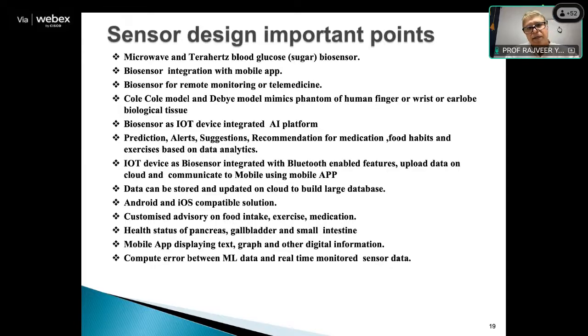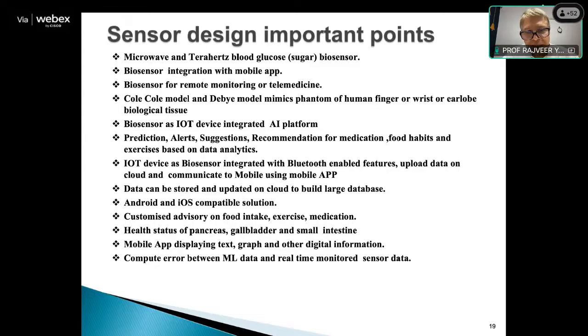Biosensor as an IoT device, integrated with AI platforms. In the ML model, the advantage which we have, other than accuracy or error removal, is that it can predict, it can provide alerts, it can provide suggestions, it can provide recommendations on food habits and medications as well as exercises.